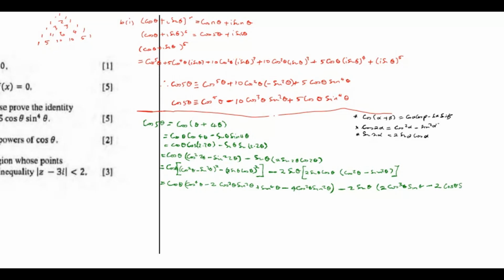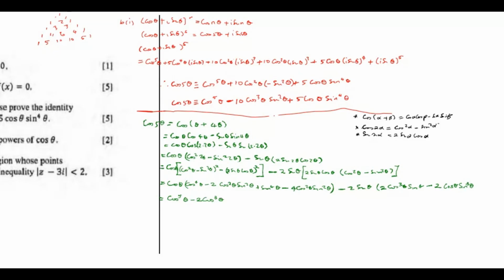Then from there we are going to simplify here. This and this is going to be cos to the power 5 theta minus 2 cos cubed theta sine squared theta.